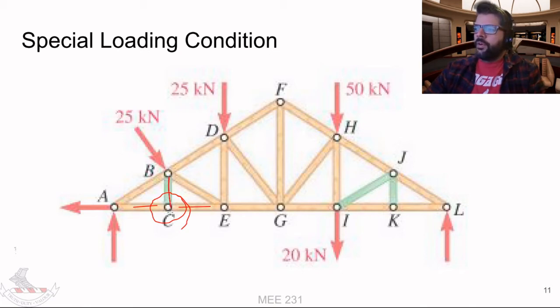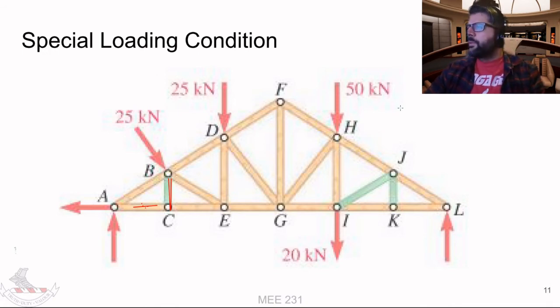And there's no external load. So therefore we know that member BC here needs to be a 0 force member. So we can omit that from our equilibrium analysis.